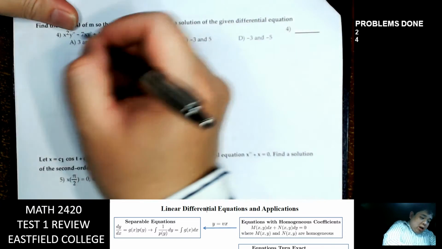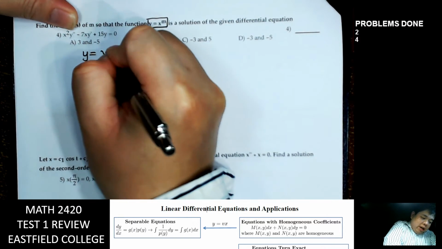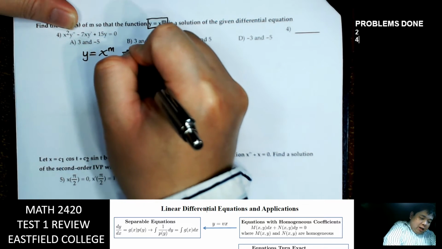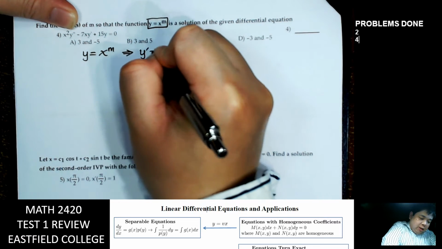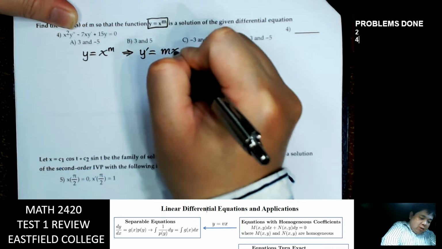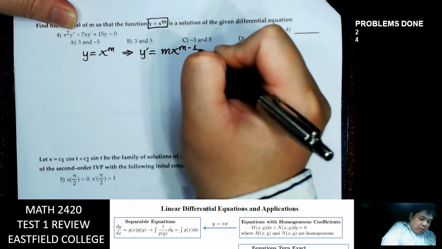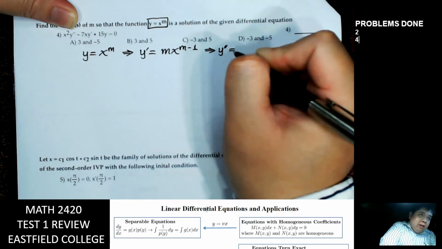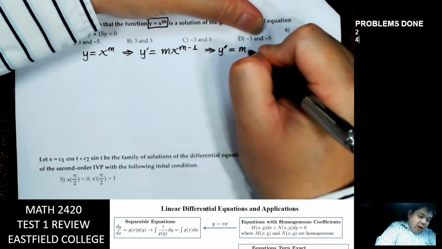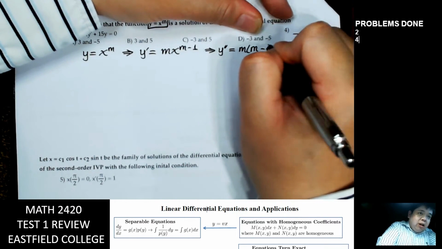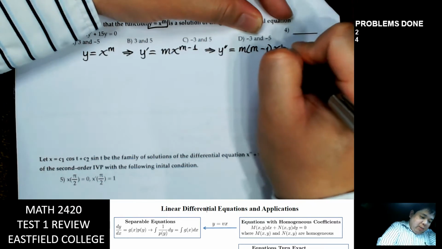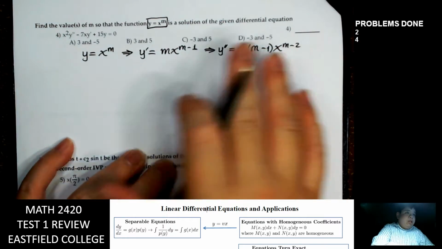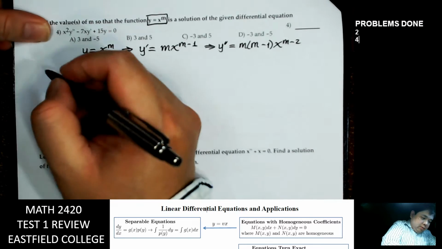Anyway, so we have y equal to x to the m. The derivative will be m x to the m minus 1, and the second derivative m times m minus 1 x to the m minus 2, and then we substitute everything into the equation.